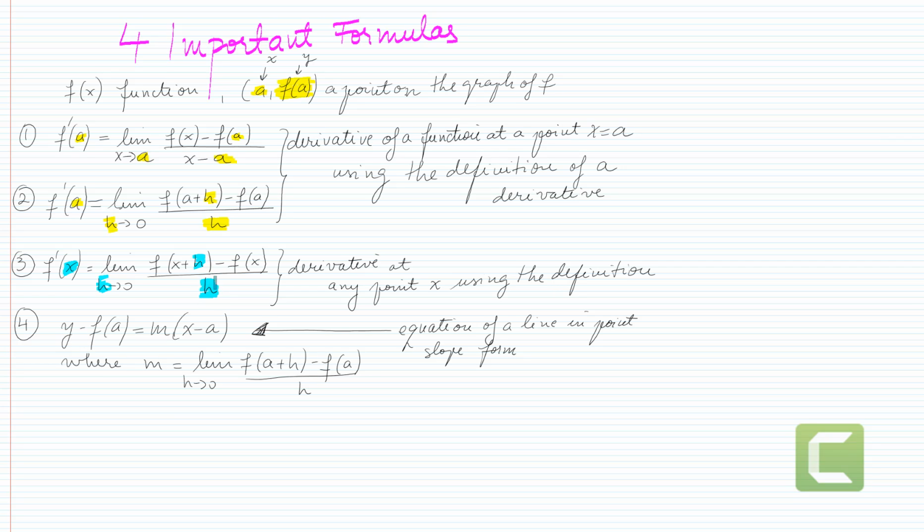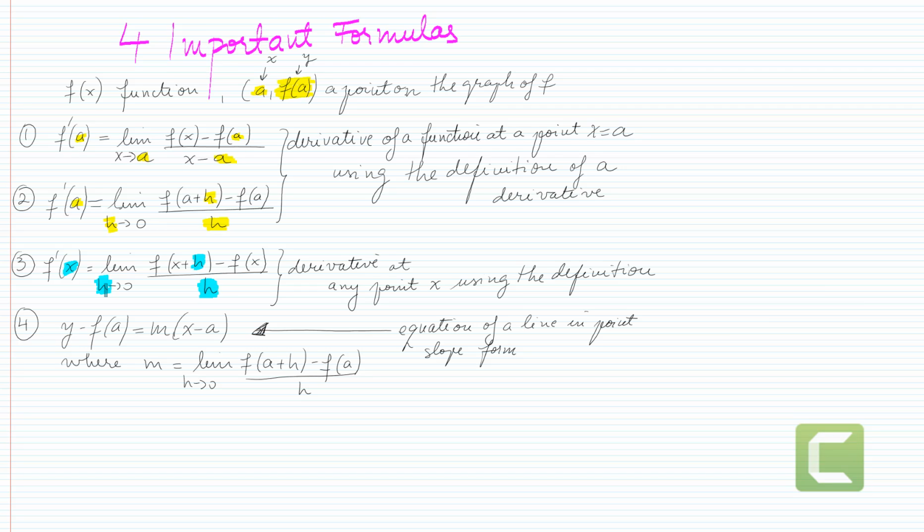So formula 3 is very similar with formula 2, only this time instead of calculating for a specific point, we are calculating on the whole domain of x. This is the derivative at any point x using the limit definition. So basically, you can use this formula anytime you want to calculate the derivative of a function.